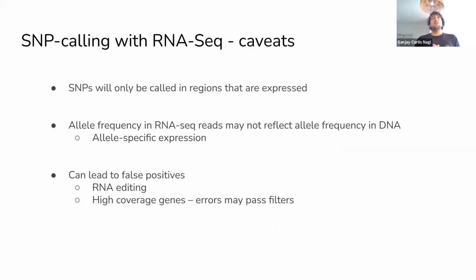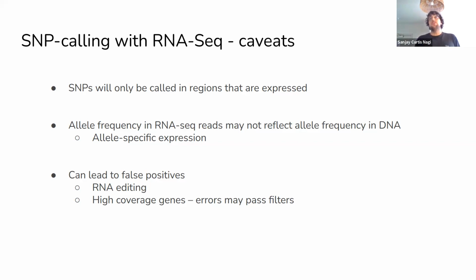So there are some caveats to calling SNPs with RNA sequencing data. First of all, we can only call SNPs in regions of the genome that are actually expressed, because this is RNA sequencing data. We're essentially trying to sequence messenger RNA only, so we will only observe parts of the genome that are actually being transcribed into messenger RNA.